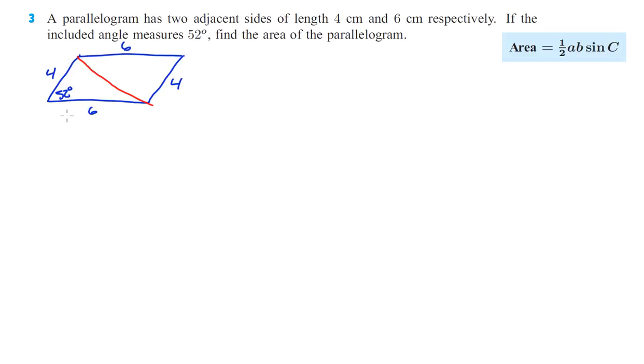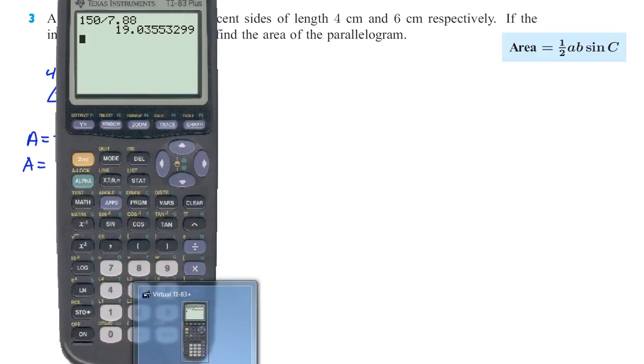Okay. So if we're using that formula, which we will, the area of this is going to be 1/2 of the two sides that make the angle. So 1/2 of 6 times 4 times sine of the angle 52 is going to be the area of half of that, right?